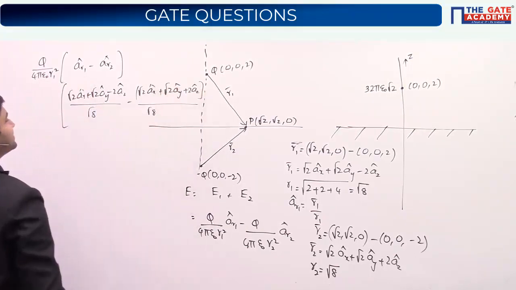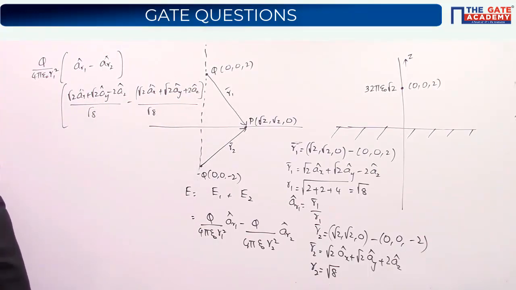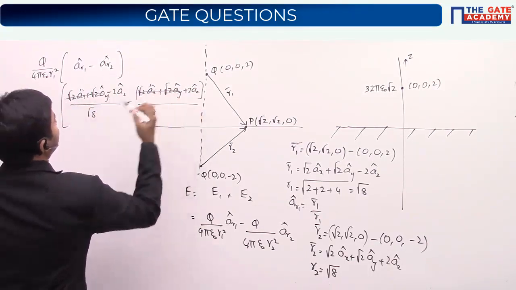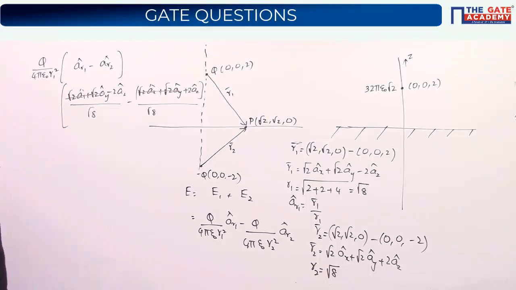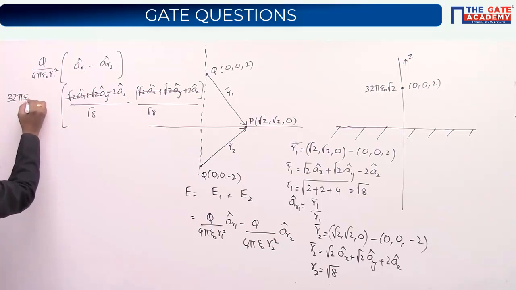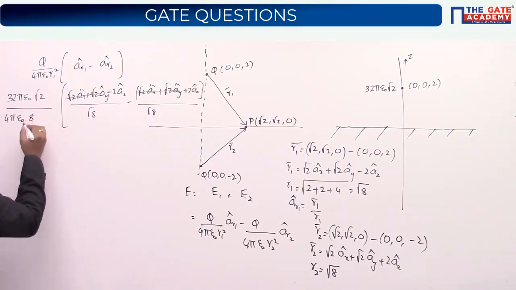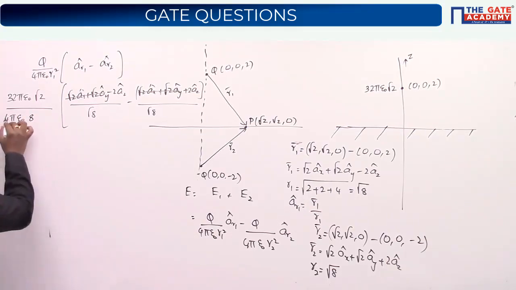Now you see what parts are going to get cancelled out. The x component and y component cancel. Now what is Q? Q over 4 pi epsilon naught R1 square, which is nothing but 8, so this part will get cancelled out completely.